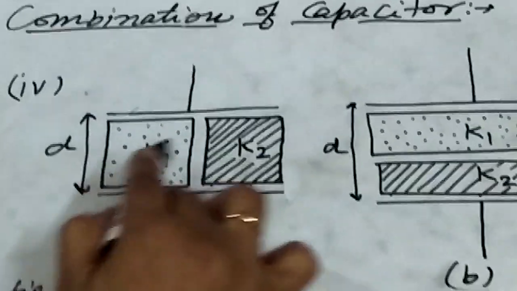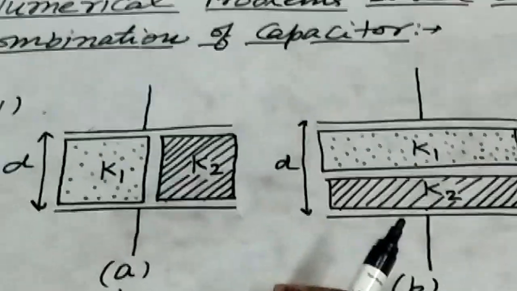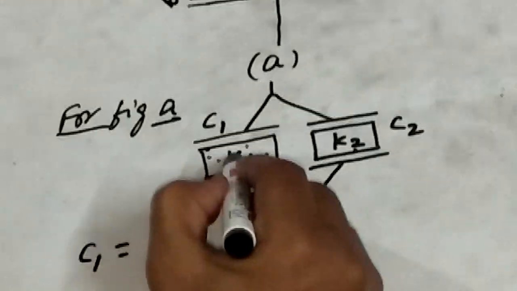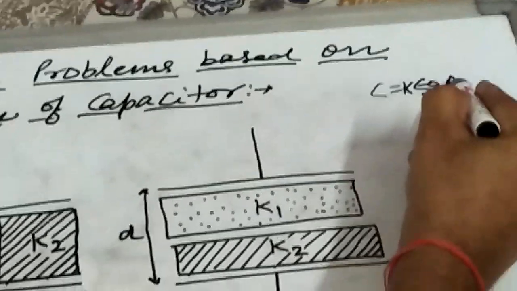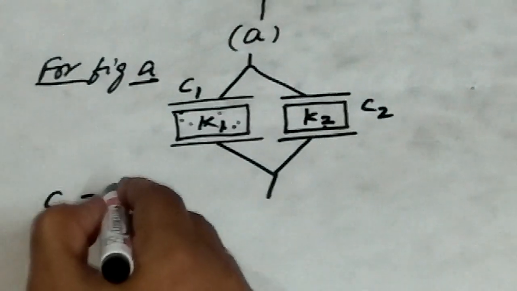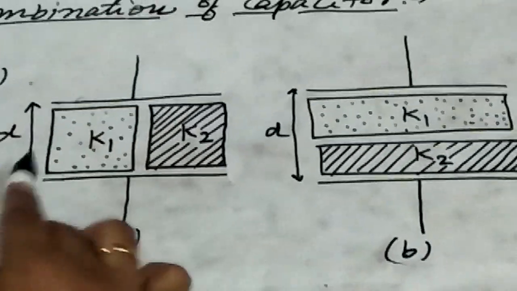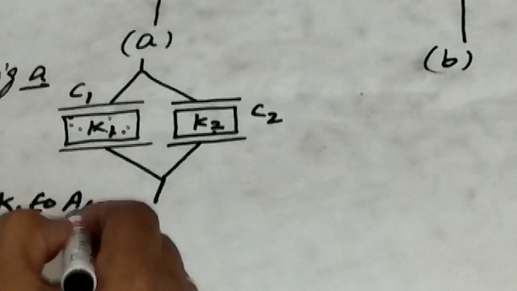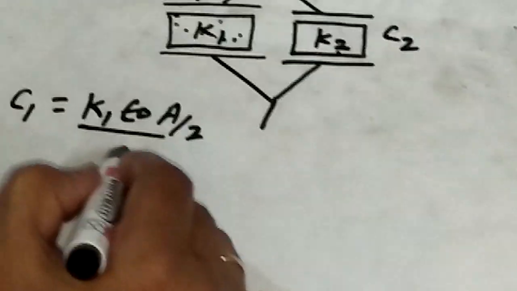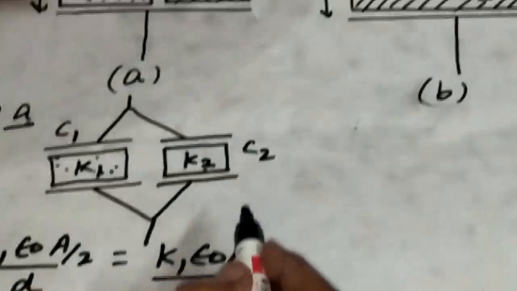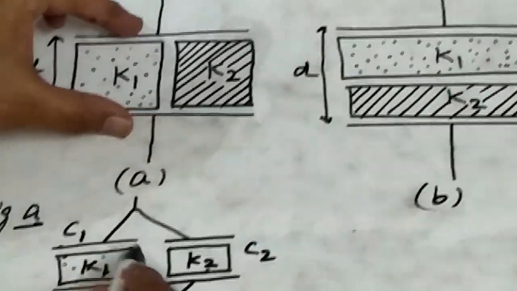It means this is a combination of two capacitors, and the capacitance of the first one, C1, you can write using the formula K epsilon naught A by D. So C1 is equal to K1 epsilon naught, and the area of the plate in which it is inserted is half, so A by 2, upon D. Or simply, C1 is K1 epsilon naught A by 2D. This is the capacitance of this capacitor.